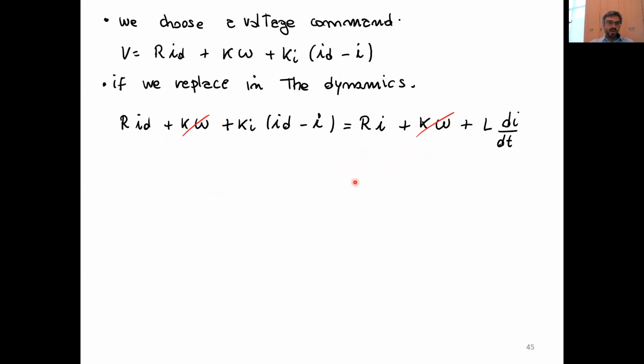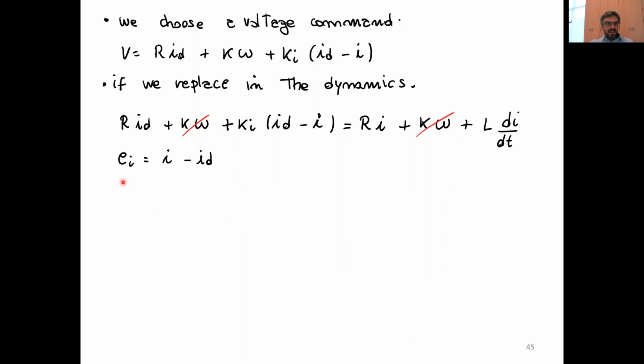We need to be aware that a proper cancellation will not really occur because our estimated value of the back EMF constant might be slightly different from the real one. So we will have a remaining disturbance due to this model inaccuracy.